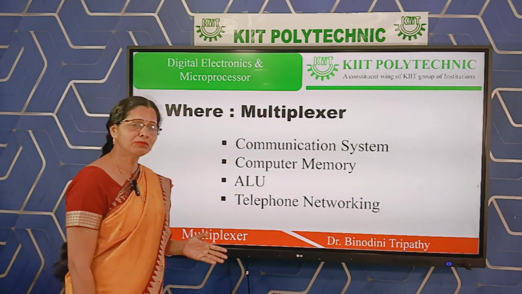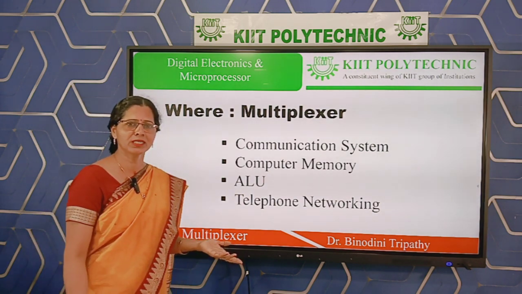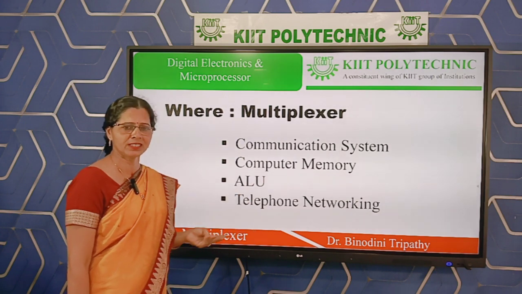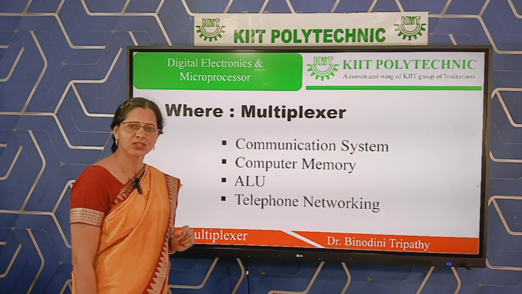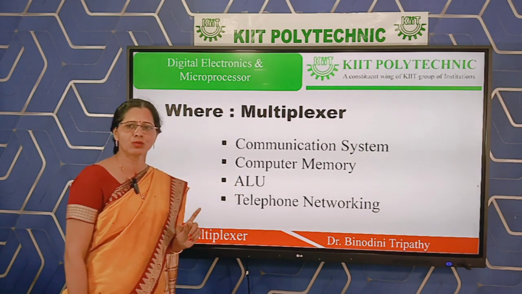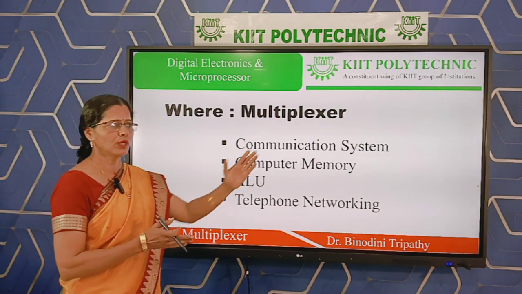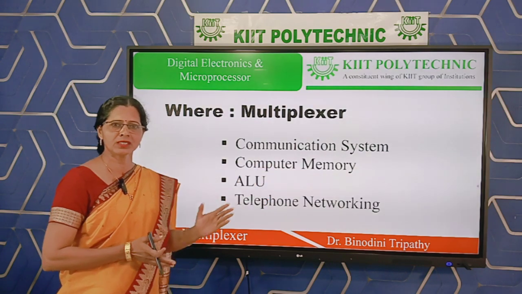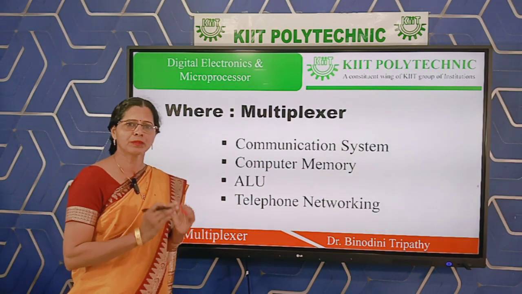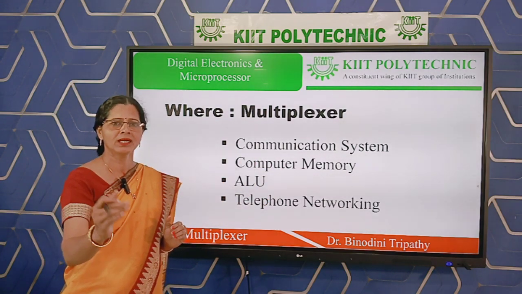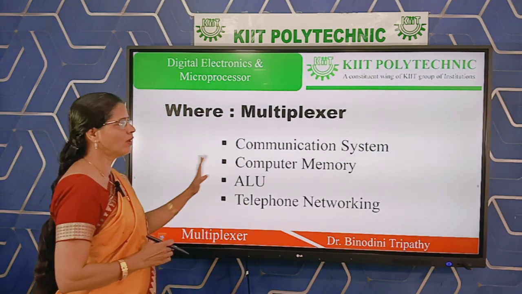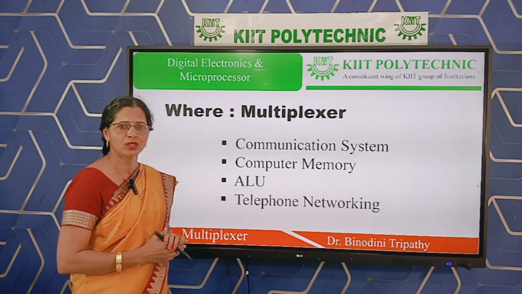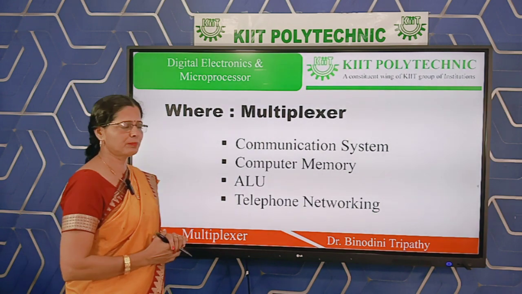Then telephone networking, satellite communication, all types of communication you can get the multiplexer, because in all these applications our purpose is that we have so many messages or conversations or channels, and we want to select any one and route it to the corresponding destination. So accordingly MUX is used to achieve that purpose.